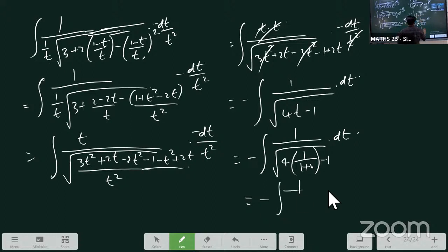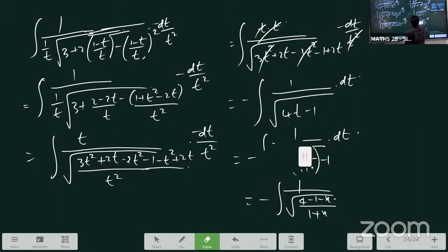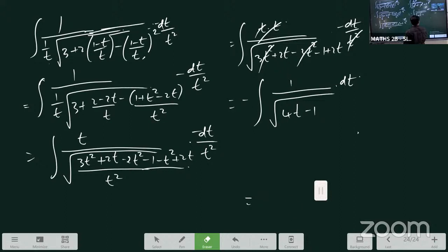Integration of 1 by under root of 4, take LCM, minus 1 minus x by 1 plus x. Okay, I'm replacing first itself. Here, let us do integration of this first. Now, what is that? Into minus outside.